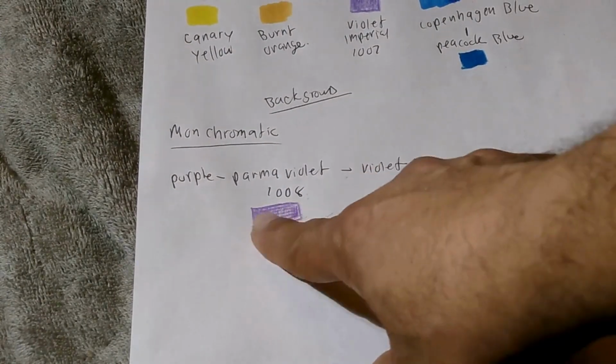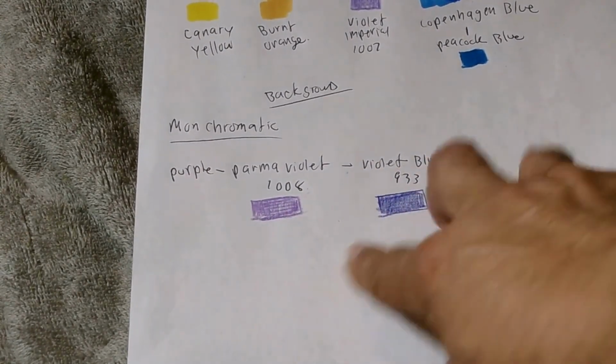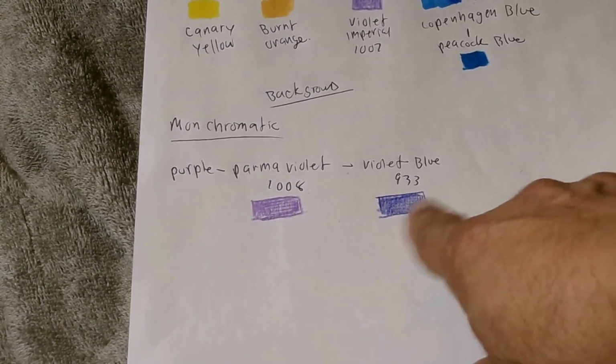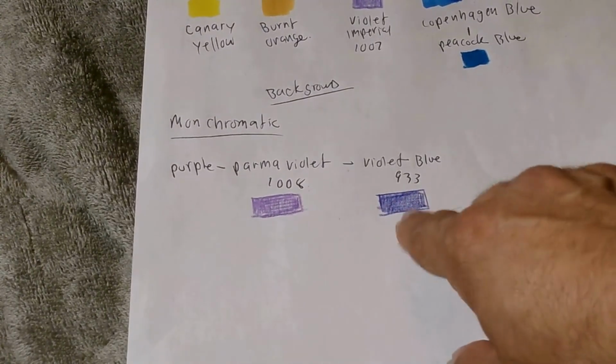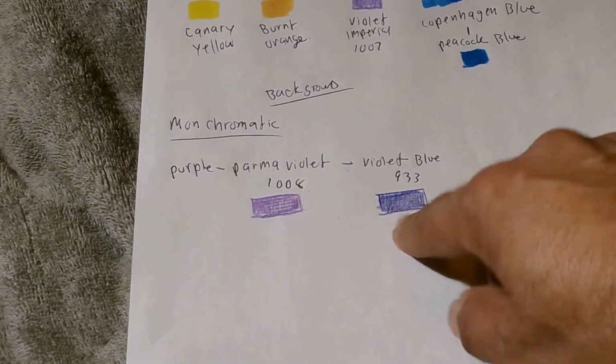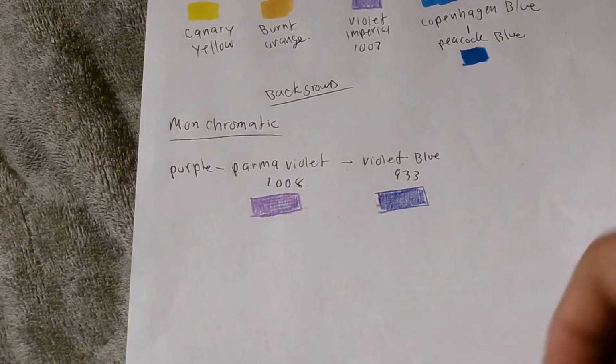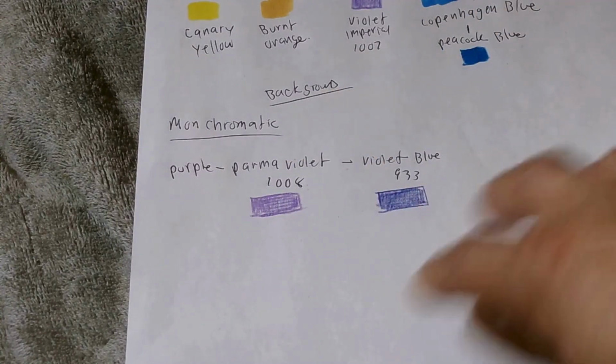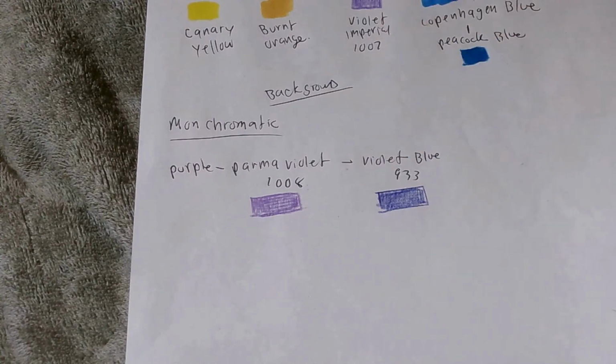For purple, it'd be perma violet and violet blue. Both of them are going to be in color pencil. If I want this a little bit lighter, I just add less pressure, and add more pressure to make it darker. So let's see what happens in this particular color scheme.